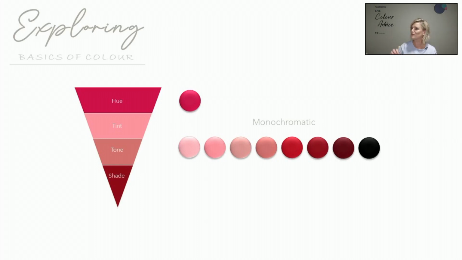And then the next one, you've got tone, so two colors that have varying degrees of gray added. So you're creating quite a few different variances. And then obviously going into the darker tones there where you've got shade. So it shows you how you can create a beautiful color scheme using one color, but playing around with the tint, tone, and shade.